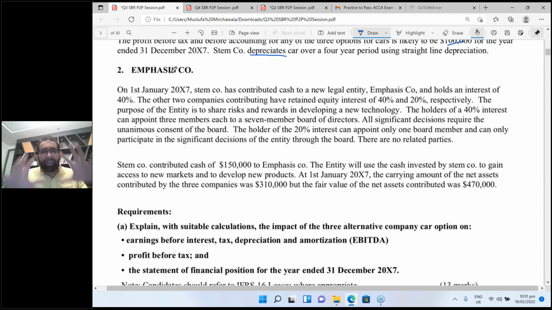Now there are two types of joint arrangement. One is joint operation and the second is joint venture. In a joint operation, normally we don't create a separate legal entity. Normally the investors bring their own assets and share the revenue directly, and share the cost. For example, there are three teachers.